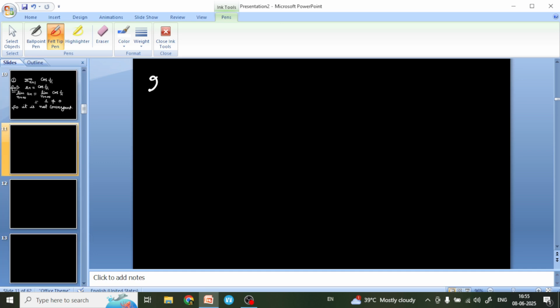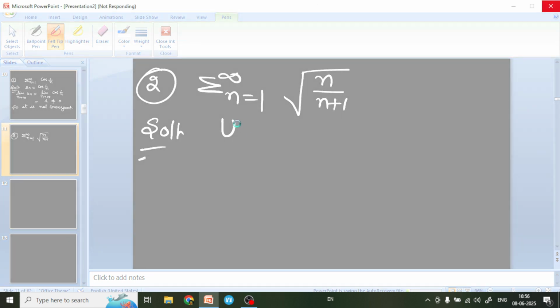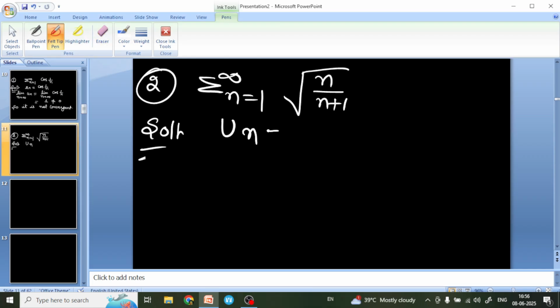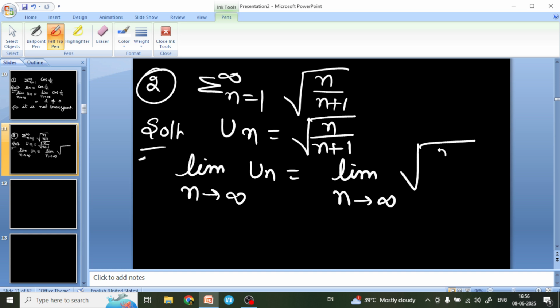Now I am taking one more example. For example, you have given sigma n equal to 1 to infinity, here you have taken root n over n plus 1. First step, write u_n is equal to square root n over n plus 1. Now taking limit on both sides, limit n tends to infinity u_n is equal to limit n tends to infinity square root n over n plus 1.